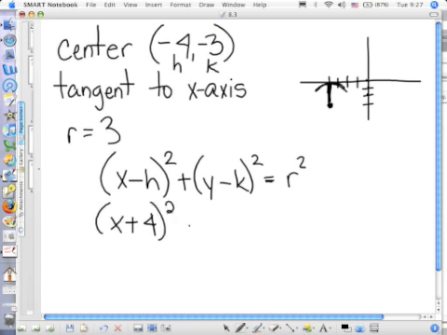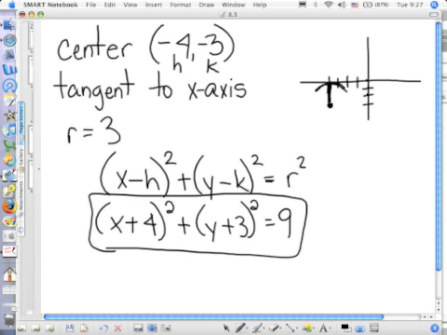Nope. So that it's 3 squared? If the radius is 3, then you square 3. Now in the last one, the radius was the square root of something. So when you square a square root, it simply cancels itself out. And there's your equation of your circle.